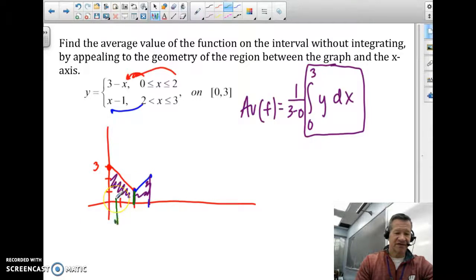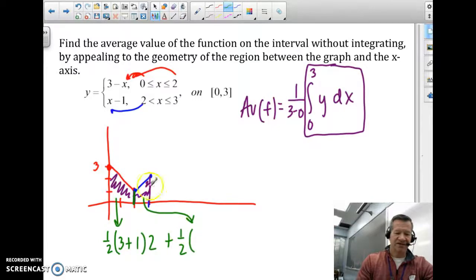First, this trapezoid: one half the sum of the bases. The left base is 3 plus the right base is 1, times the height, which is the distance between the bases, 2. Plus the area of this trapezoid, again one half the sum of the bases, 1 on the left, 2 on the right, and this time the height is 1.